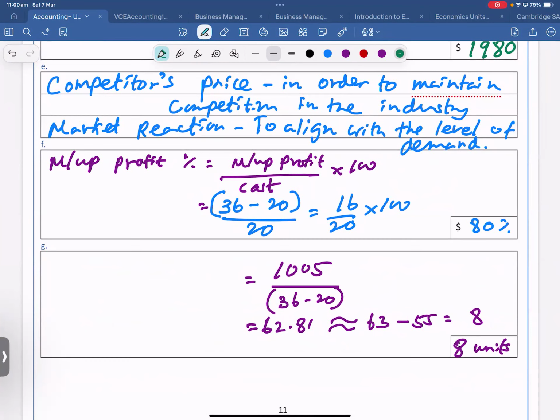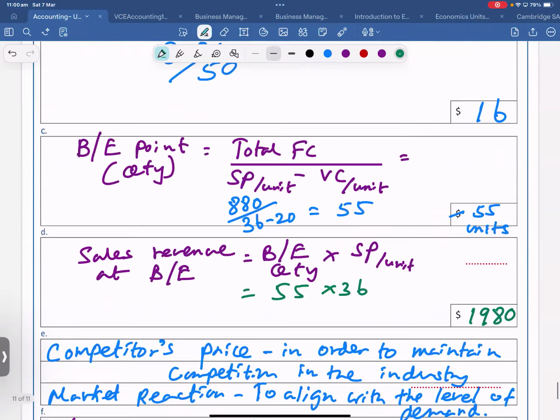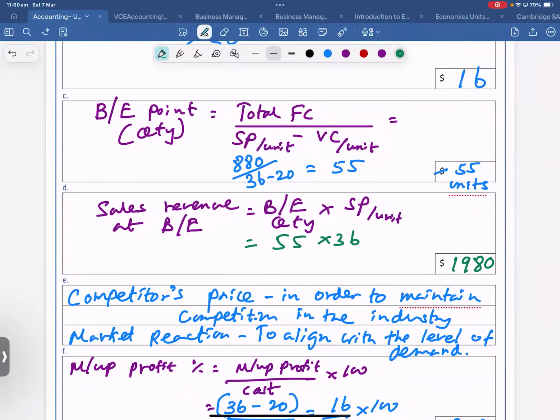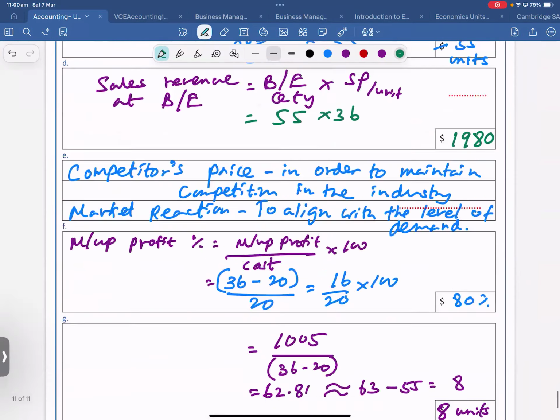But out of 6, for how many did we do calculations? We did only 3. What were those? Quotation, markup, and cost volume profit analysis, right?